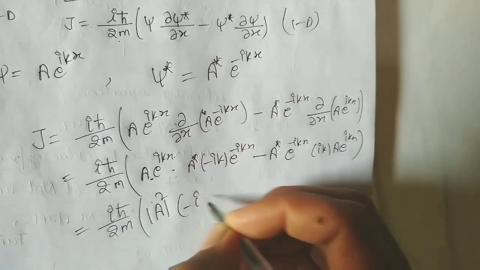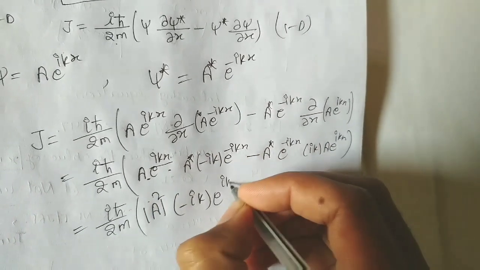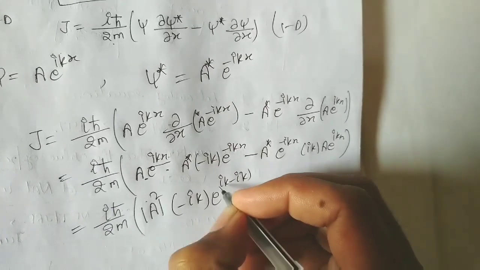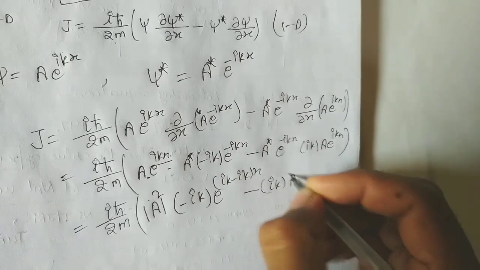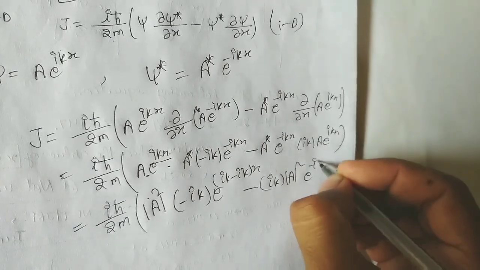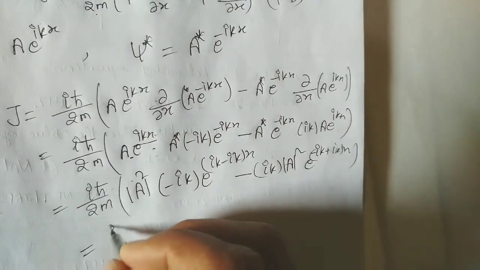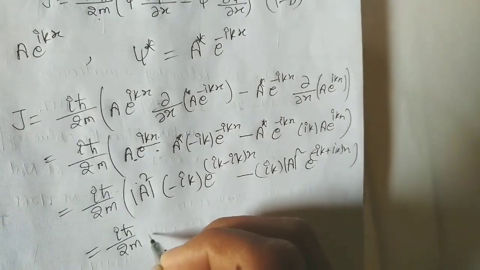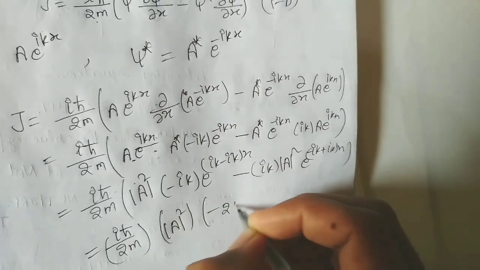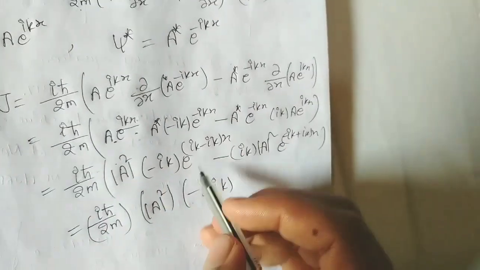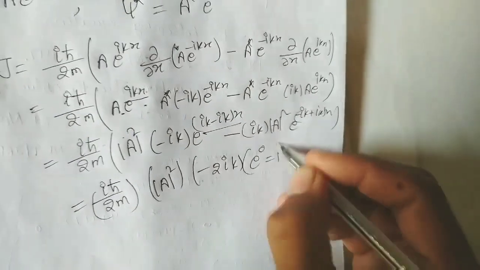The exponential i kx and exponential minus i kx terms multiply to exponential 0, which is 1. So this will be i h cross over 2m, mod of a square, and minus 2 i k.